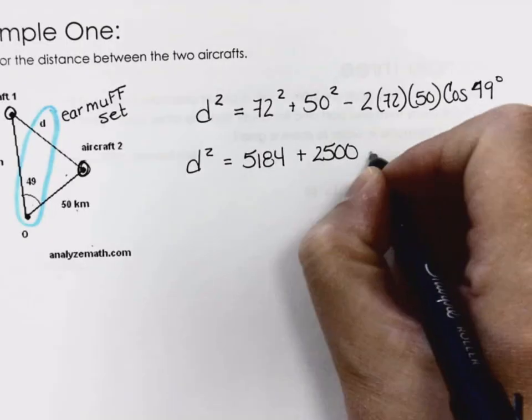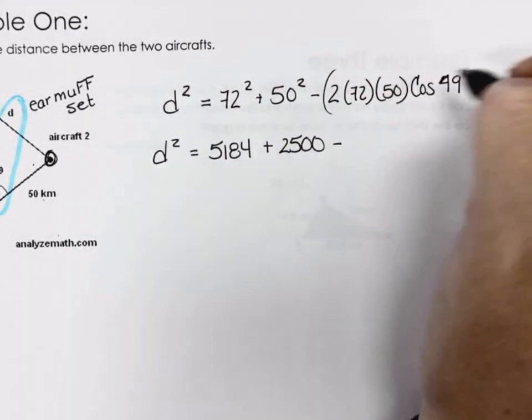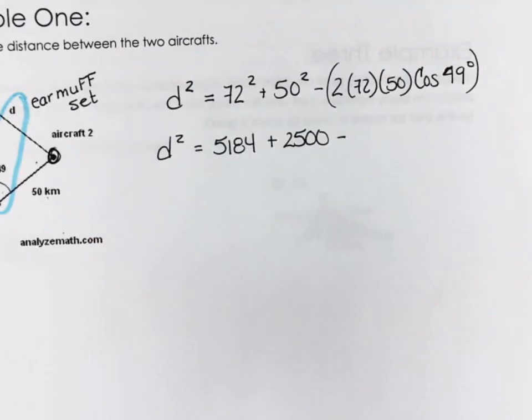2,500 minus. Now here's the thing. This is what I was talking about. Order of operations says I got to do all this multiplying first. So I'm going to do 2 times 72 times 50 times sine. No, it's not the sine law. It's the cosine law, everybody. So cosine of 49.